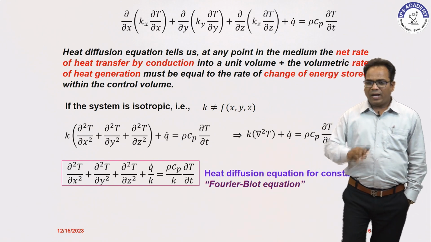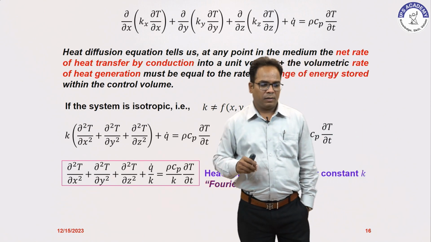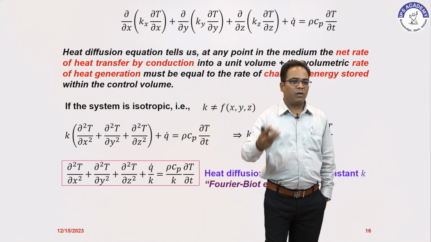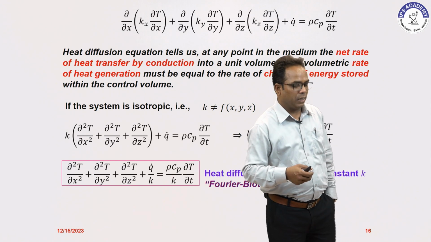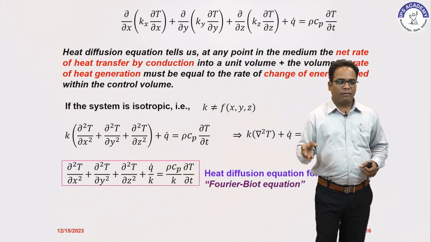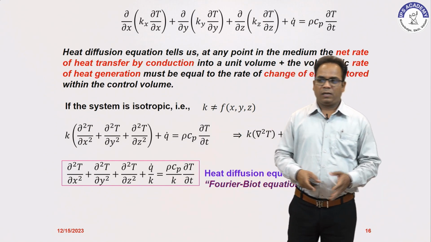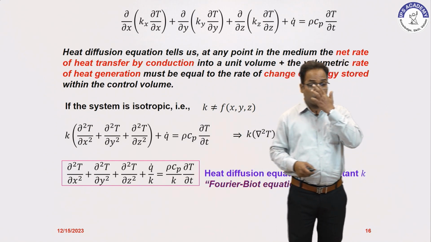Okay, we have done all these mathematical exercises, but what information can we obtain from this mathematical equation? Because ultimately our objective is to obtain the expected temperature profile within the solid body or within the control volume.